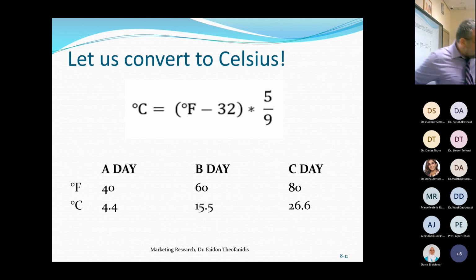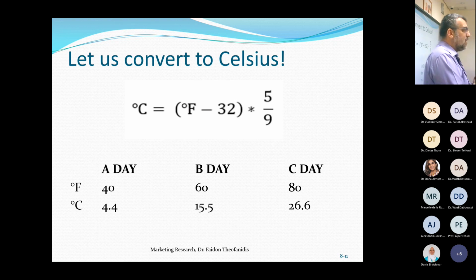So anytime the interval is not the same, you cannot call it an interval anymore, if the distances are not equal. Then we call it ordinal.